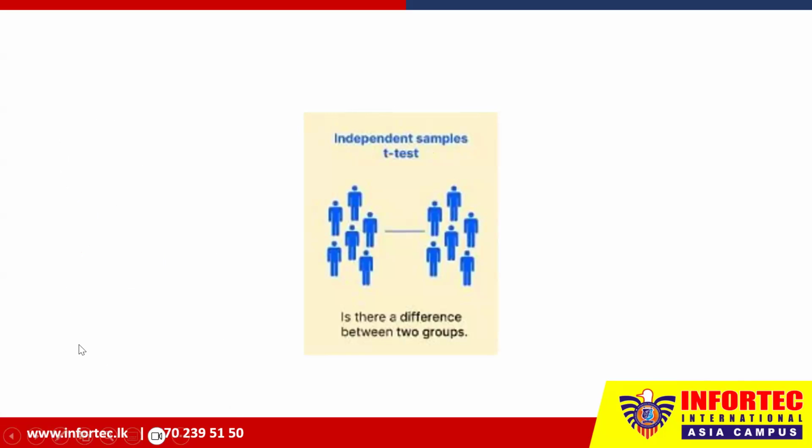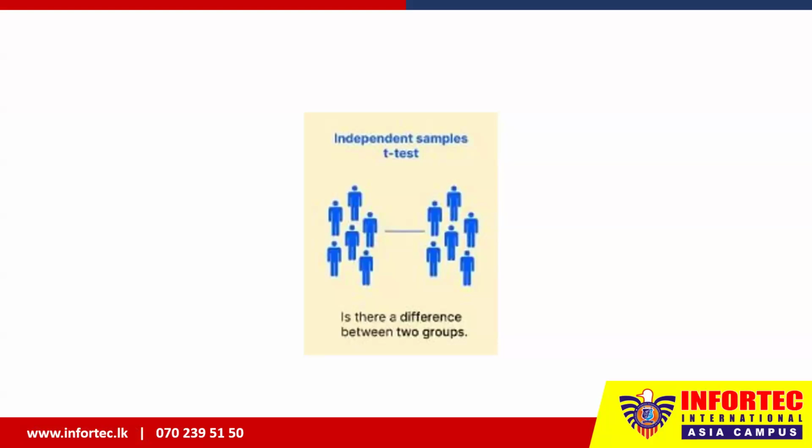After completing this session, you should clearly understand the differences between chi-square, the one sample t-test and the independent sample t-test. Then, based on your data set and your objectives, you can define a suitable test for your analysis.